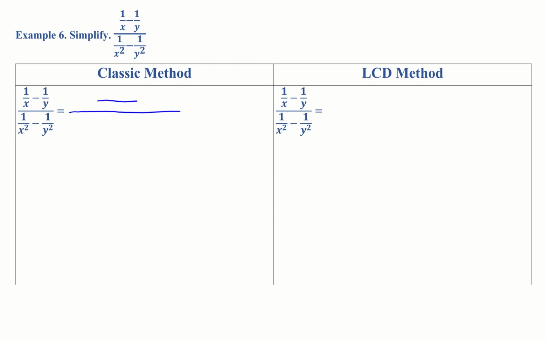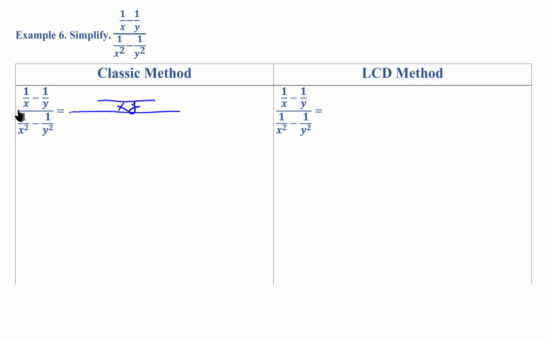I'm sure you realize that on the top here, the LCD is XY. Remember, in the classic method, we just handle this subtraction and then handle this one separately as if they're different problems. Then we'll get the 2 involved using the shortcut that we have. So on the top there, the LCD is XY.